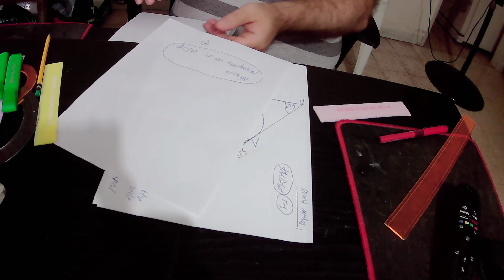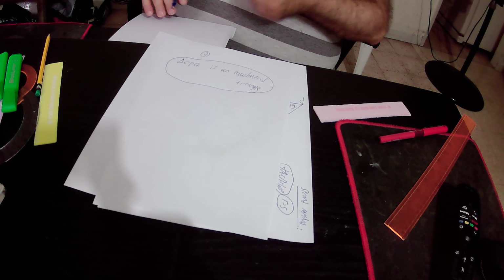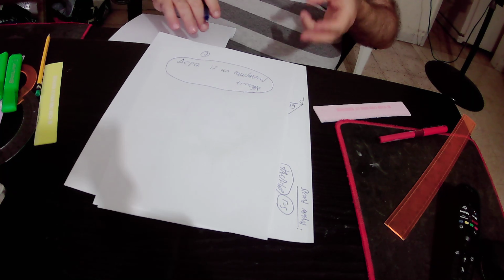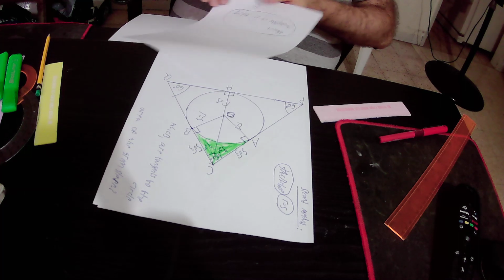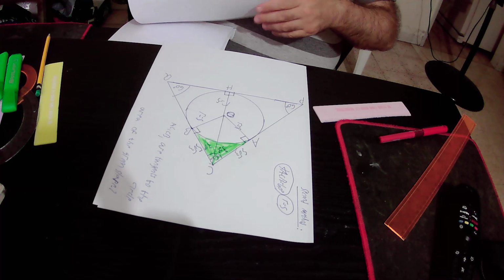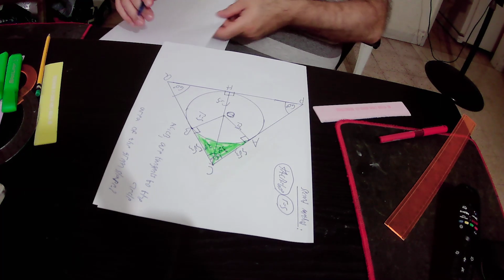Triangle CPQ is an equilateral triangle because it has three angles that are equal to 60 degrees.